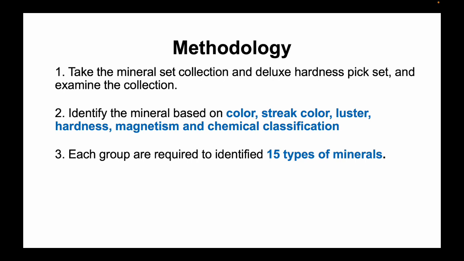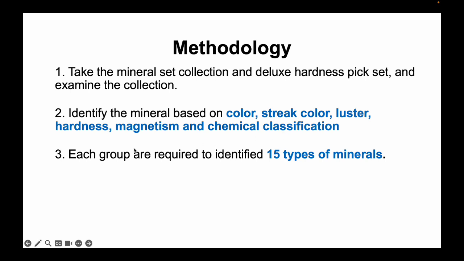So this is the instruction on how you are going to identify the mineral characteristics. After taking the mineral set collection and the deluxe hardness pick set, you are going to identify the minerals based on their color, streak color, luster, hardness, magnetism, and chemical classification.